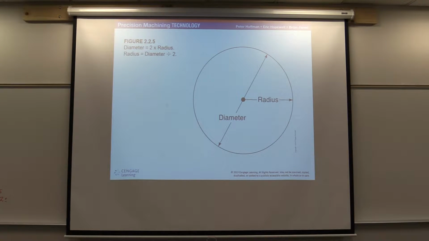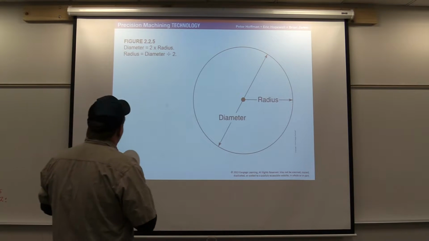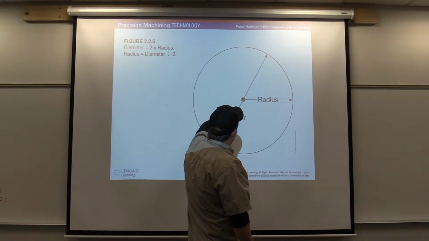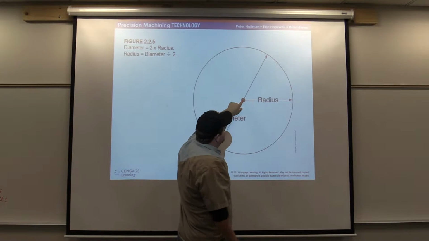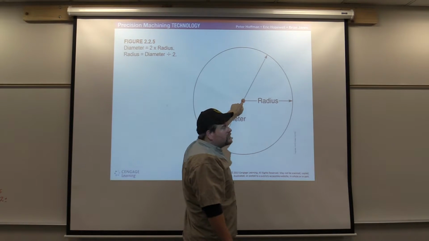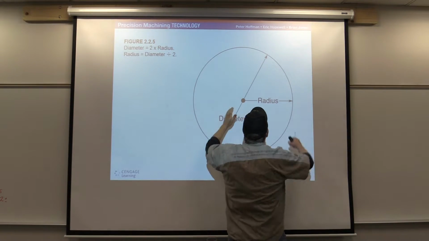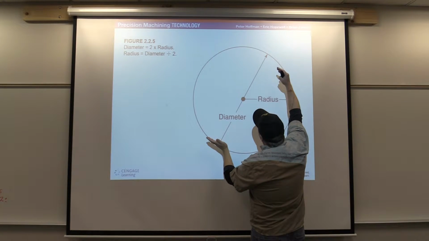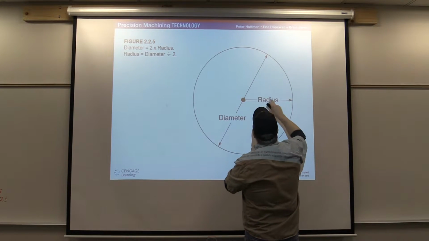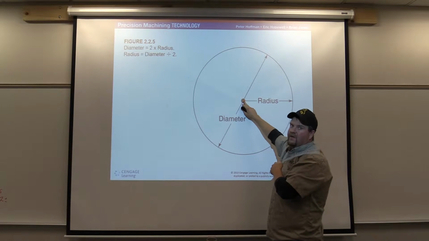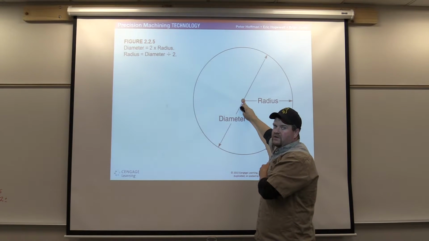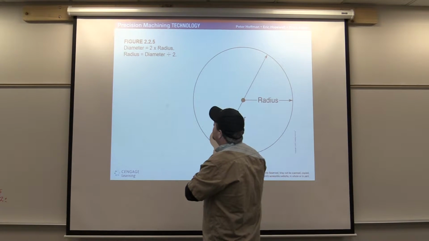Circle, radius versus diameter. Diameter is 2 times the radius. This is your center point, always. So if this was 1 inch, your diameter would be 1 inch, your radius would be 1/2 of an inch, 0.5 inches, okay?